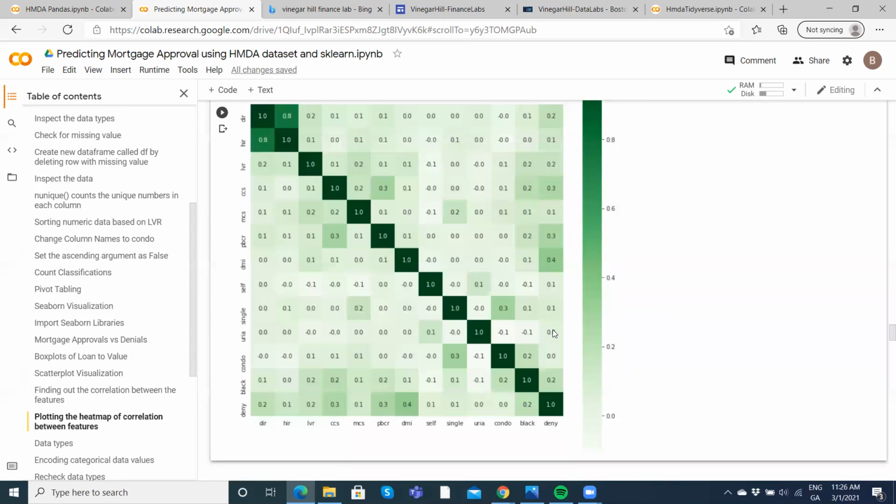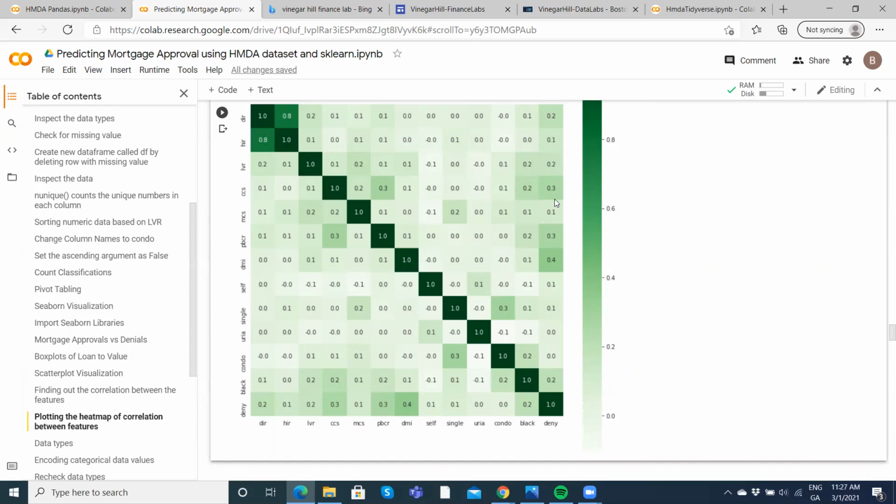Then the variables that seem to have no effect are the unemployment rate in a given applicant's profession, and whether you're buying a condominium or not, which is not that important. HIR is not seen as being that important, but then that's highly linked to the DIR. These two variables tend to be linked together because there's income in both.